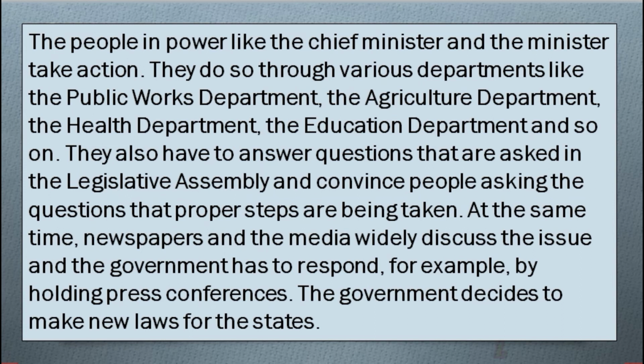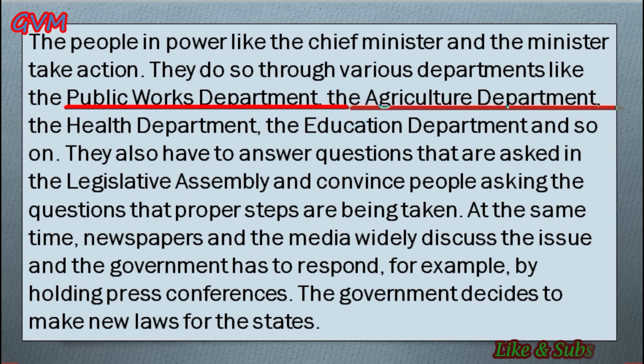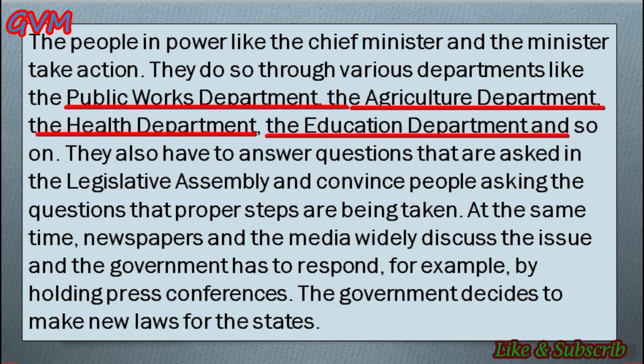And students, they take actions through new laws which are implemented by various departments such as the Public Work Department, that is to say PWD, the Agriculture Department, the Health Department, the Education Department, and in the same way other departments as well.